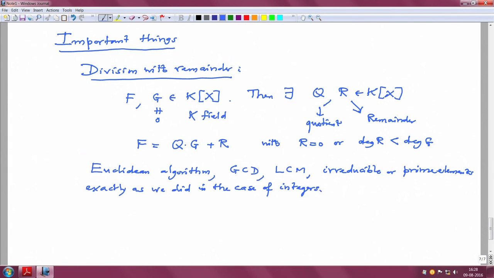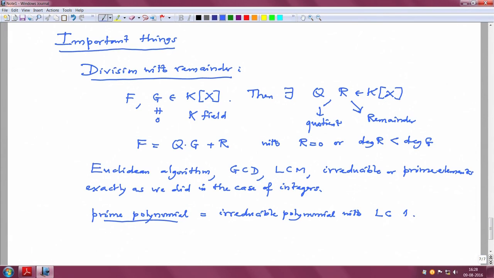So when I say a prime polynomial, that means an irreducible polynomial with leading coefficient 1.